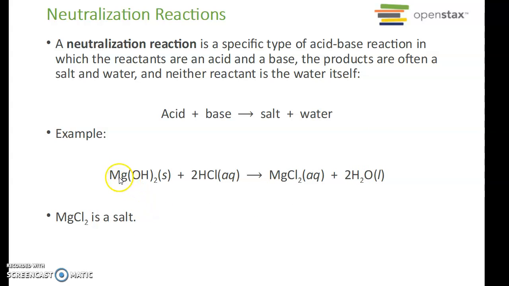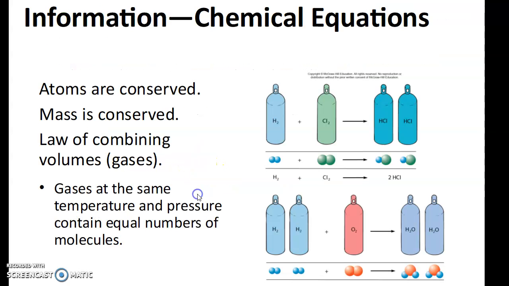This ion and this ion are the ones that form the salt, and the H and the OH form the water. So an acid plus a base gives you salt plus water. That's a neutralization reaction. Okay? You can also see that this would be a double displacement as well, because this joins up with this, and this joins up with this.